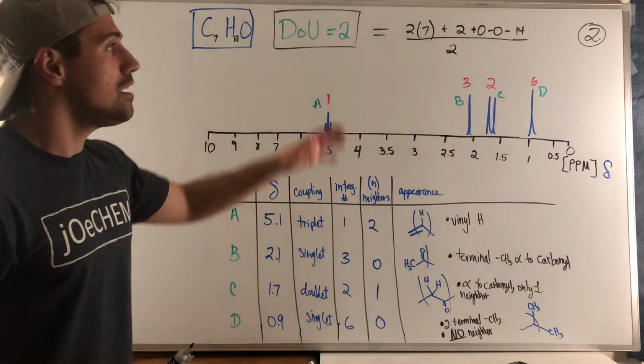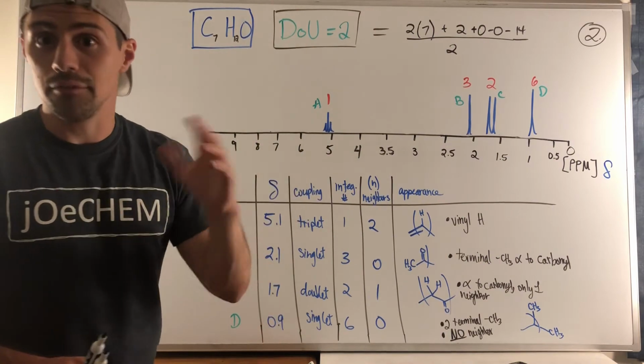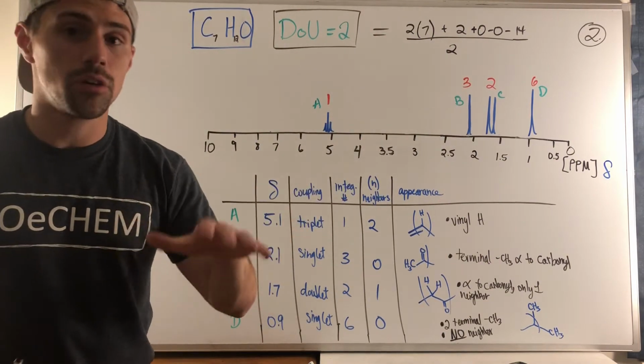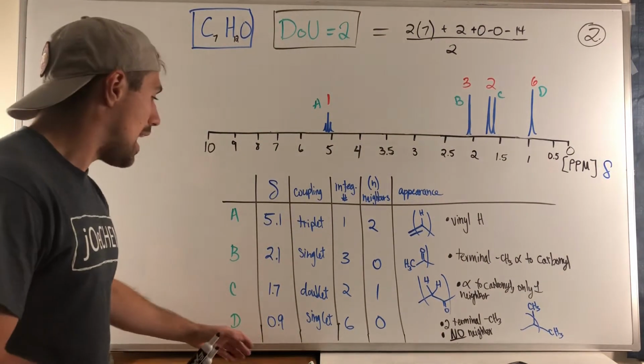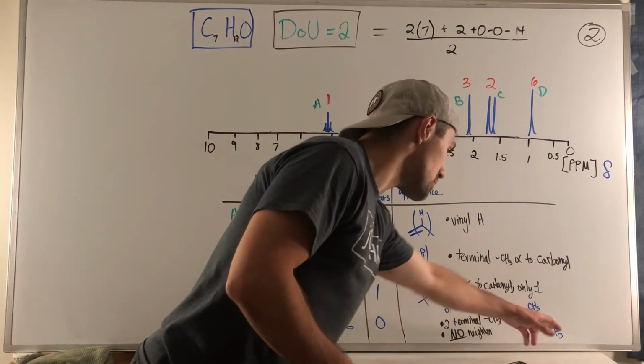And D. D, we have that very interesting singlet very upfield, so no downfield shenanigans. And we have 6 hydrogens, so it looks like we have some type of CH3 action.